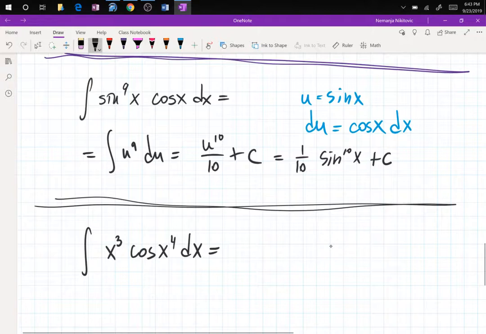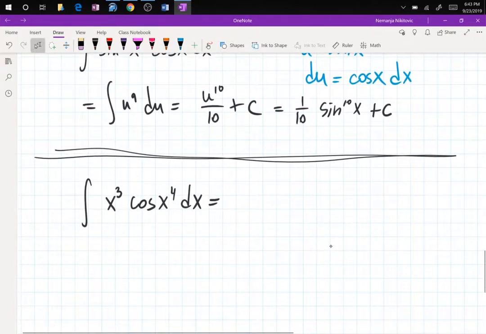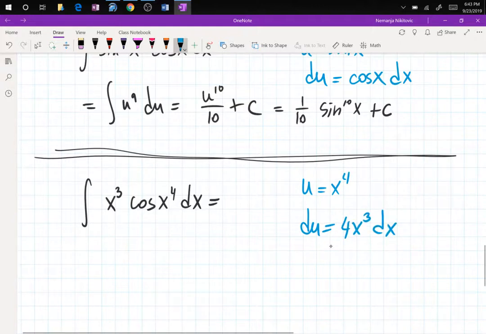The function would be x to the 4th, and du would then be 4x cubed. So u is x to the 4th, and du is 4x cubed dx. Okay, but I don't have the 4 over there. So I'll just put this in, right? And then do 1/4. Beautiful.